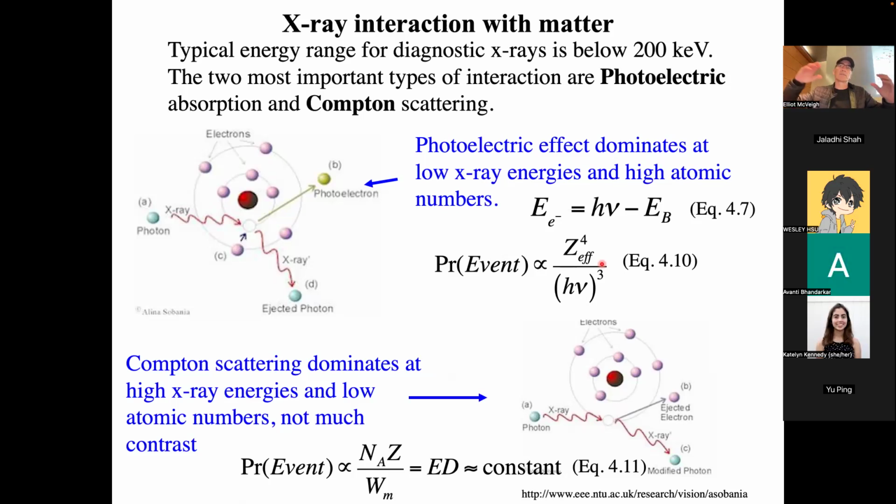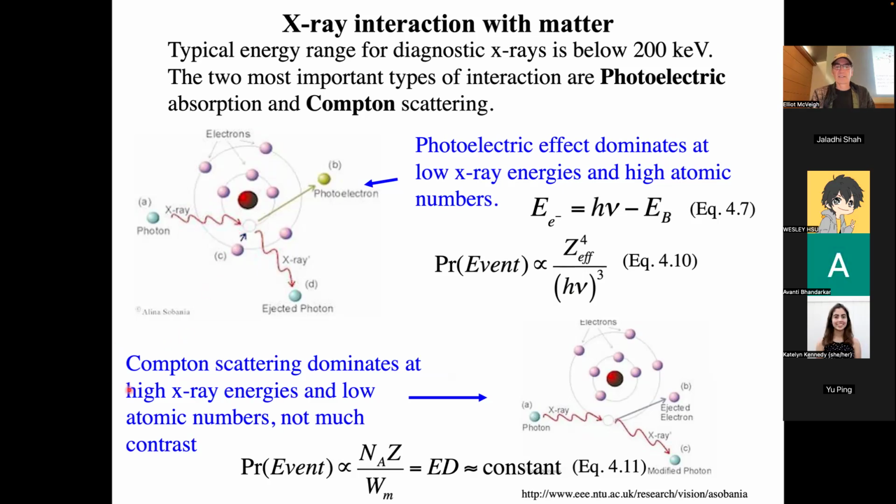As the atomic number goes up, the cloud of electrons that the photons can interact with goes up, and increases the probability of this happening by a large factor with atomic number, power 4. This type of interaction, the probability of it occurring decreases quite significantly with energy. So as the energy of the incident X-ray goes up, the percentage, say, of interactions that are photoelectric, or the probability of this occurring, goes down precipitously.